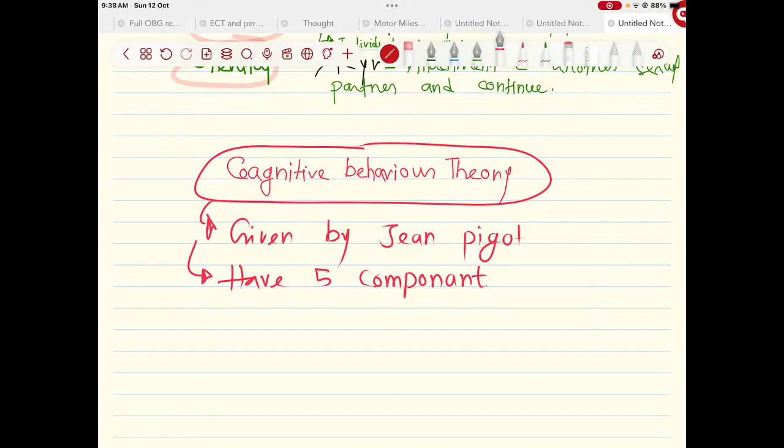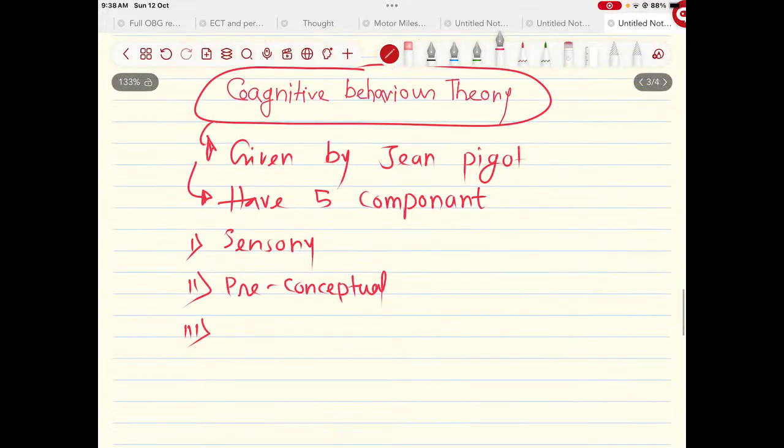How many components are there? There are 5 components. What are the 5 components? The first one is sensory. The second one is pre-conceptual. The third one is intuitive.